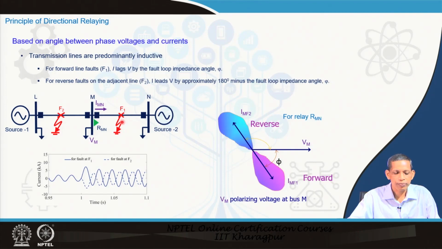For this forward fault, the corresponding current lags the voltage by a certain angle, and in case of a reverse fault, that is the F2 side fault, the current noticed by this relay leads the voltage. That is the conclusion from this slide.